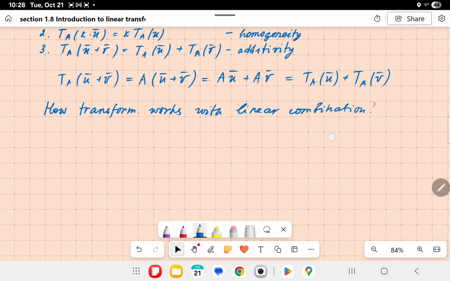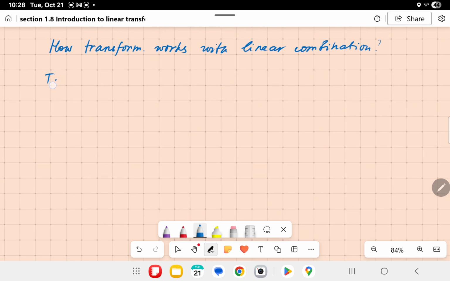Okay, let's see. Imagine that we do have a transformation and we apply it against a linear combination of some n vectors with coefficients. Again, this n is not related to the dimension of a space. It's just some vectors. By homogeneity and additivity, first we can split this sum into c1 T(u1) plus the sum of other transformations.